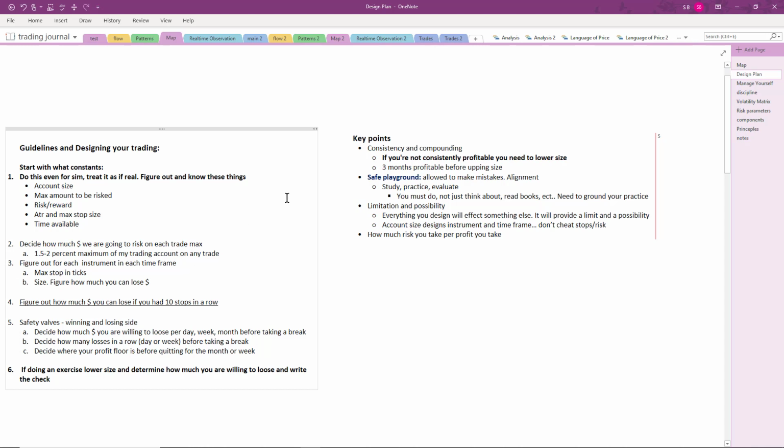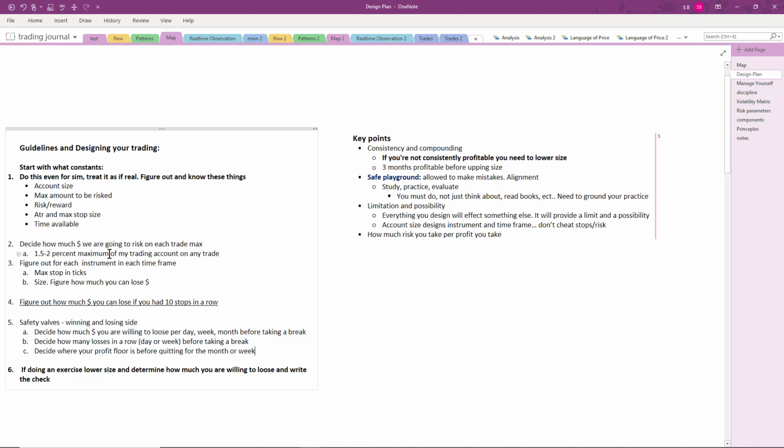And by the way, if you're not turning some kind of consistent profit now, if you haven't had, say, 3 months in a row, you can decide, I like to put 3 months of profitable trading before upping my size. But if you're not, drop your size. Trade at 0.5%. This is 0.5% or lower. Remember, 2% is maximum. You don't have to do 2%.